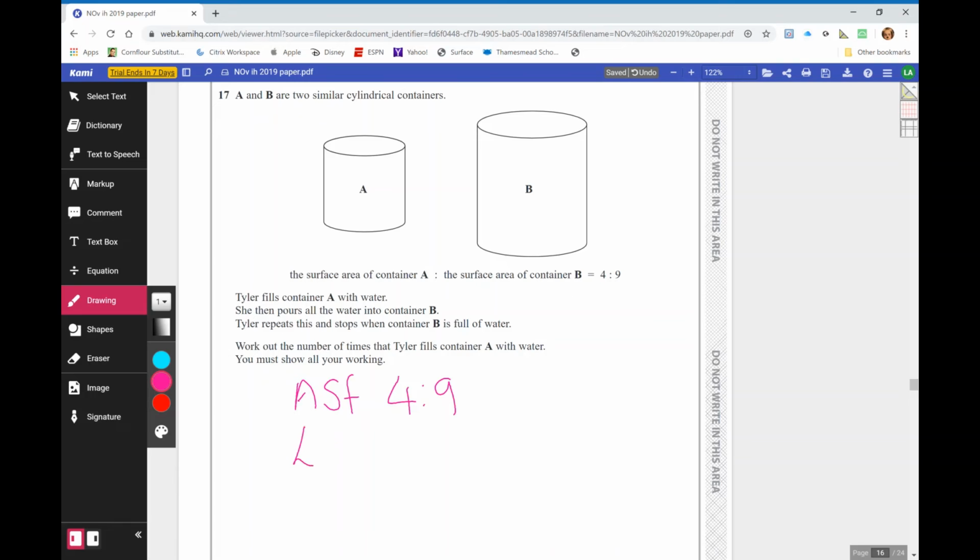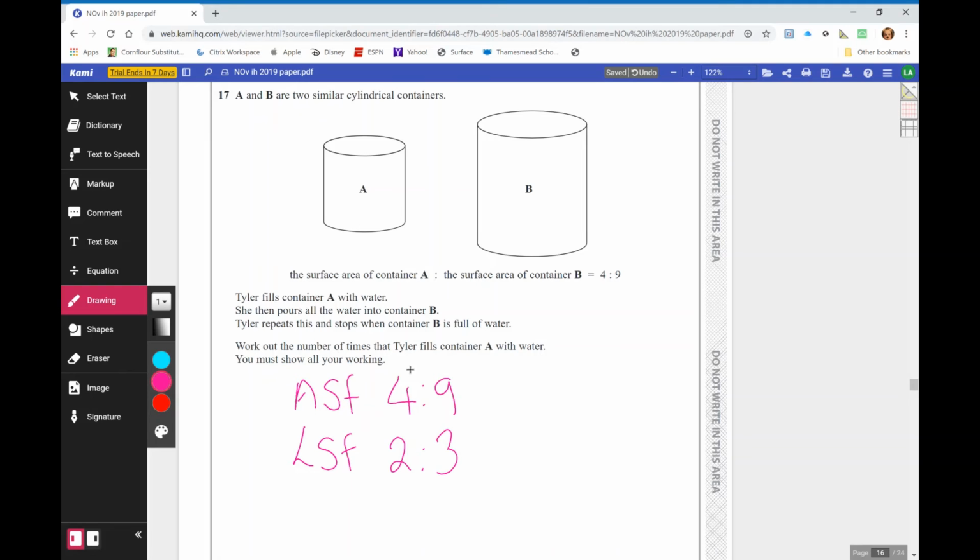The linear scale factor is going to be 2 to 3, because when you have a line and then you times it, we're just talking about linear, like the height difference, for example, that's times 2, but then the area times it by 2 squared, because you're timesing it basically 2-dimensionally.